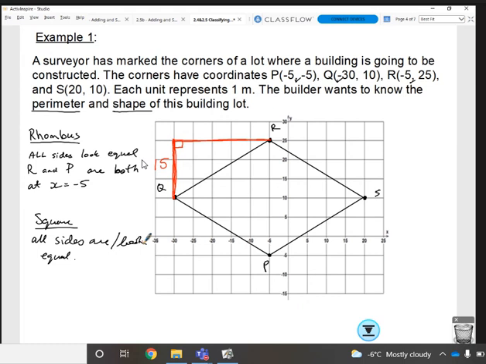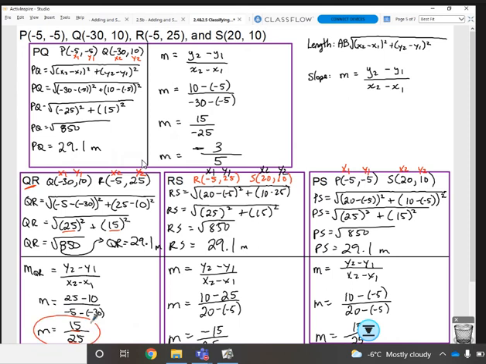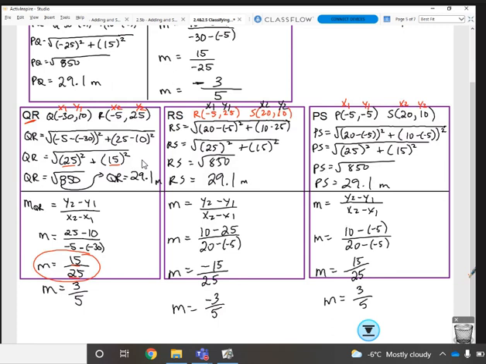And then 5, 10, 15, 20, 25 across this way. So if we're talking about slope of this line, rise over run, 15 over 25. And look at this. It's exactly what we got. 15 over 25, and then we reduced it to 3 over 5 because that's what we do with fractions. We put them in lowest terms.